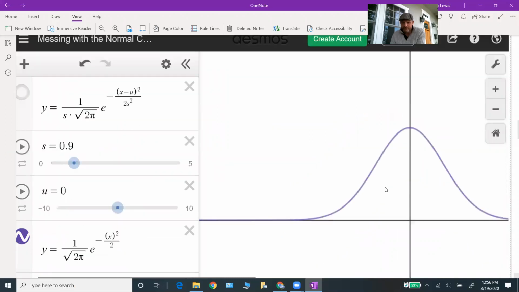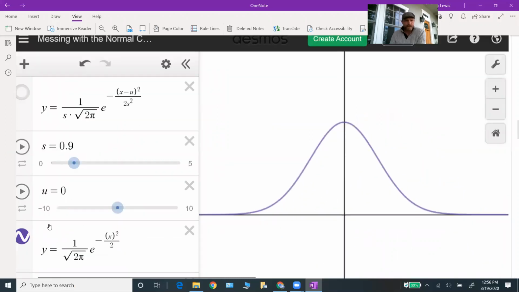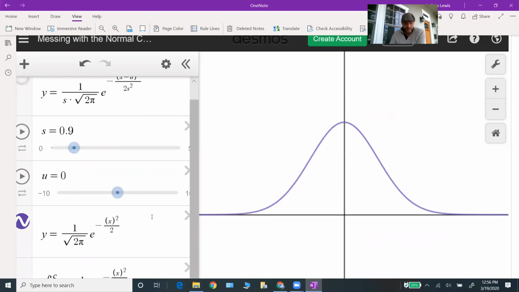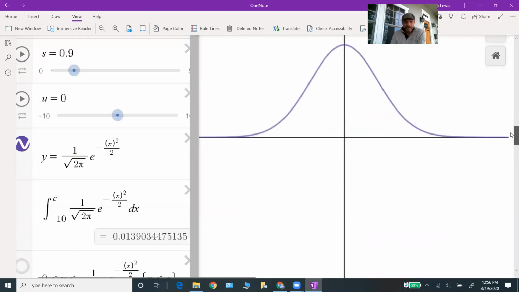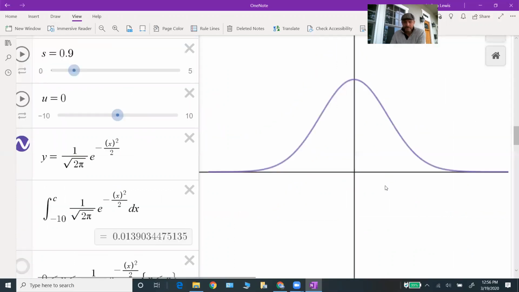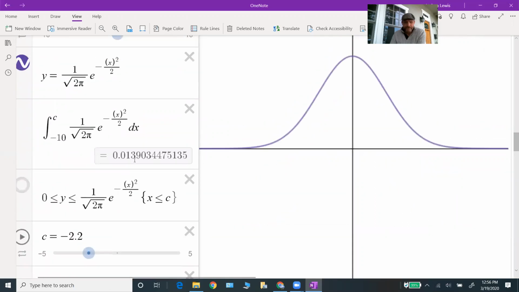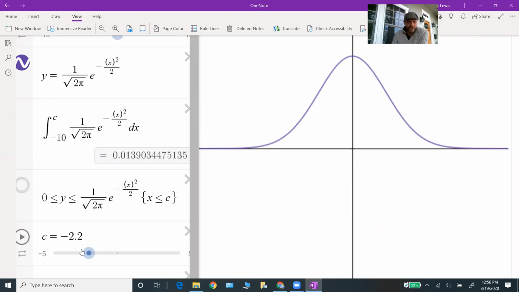As I move from left to right, I want you to keep an eye on this number here, the area, and how much is shaded.